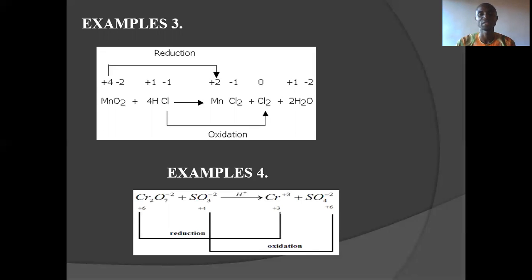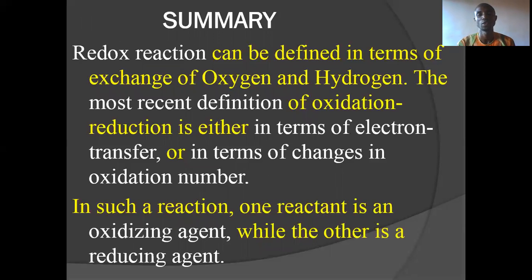So far, we have said that oxidation reduction reaction can be defined in terms of exchange of oxygen and hydrogen, but the most recent way to define it is either in terms of electron transfer or in terms of changes in oxidation number. But still remember that one of the reactants must definitely be an oxidizing agent, and another will be a reducing agent.